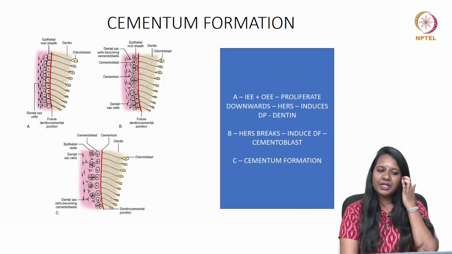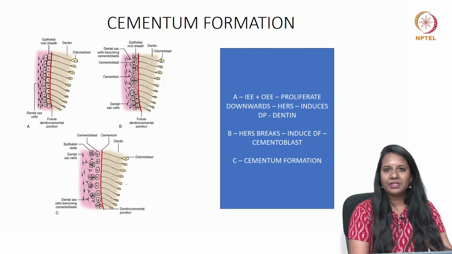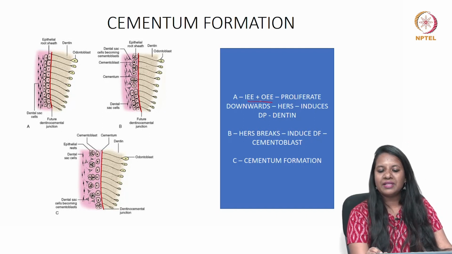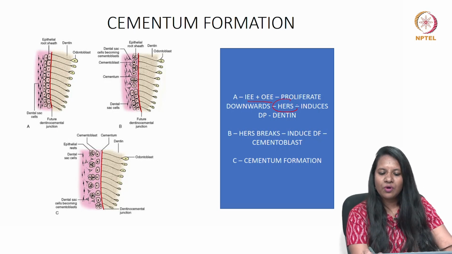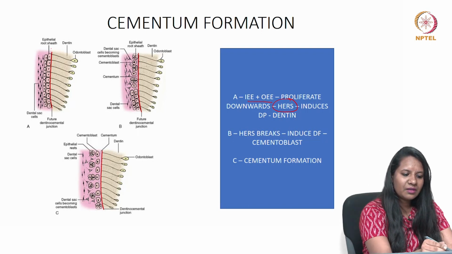So, moving to cementum formation. These pictures will clearly tell you the formation of cementum. In the first picture, the inner enamel epithelium and outer enamel epithelium proliferate downwards, leading to formation of Hertwig's epithelial root sheath that induces dental papilla cells to form odontoblasts.